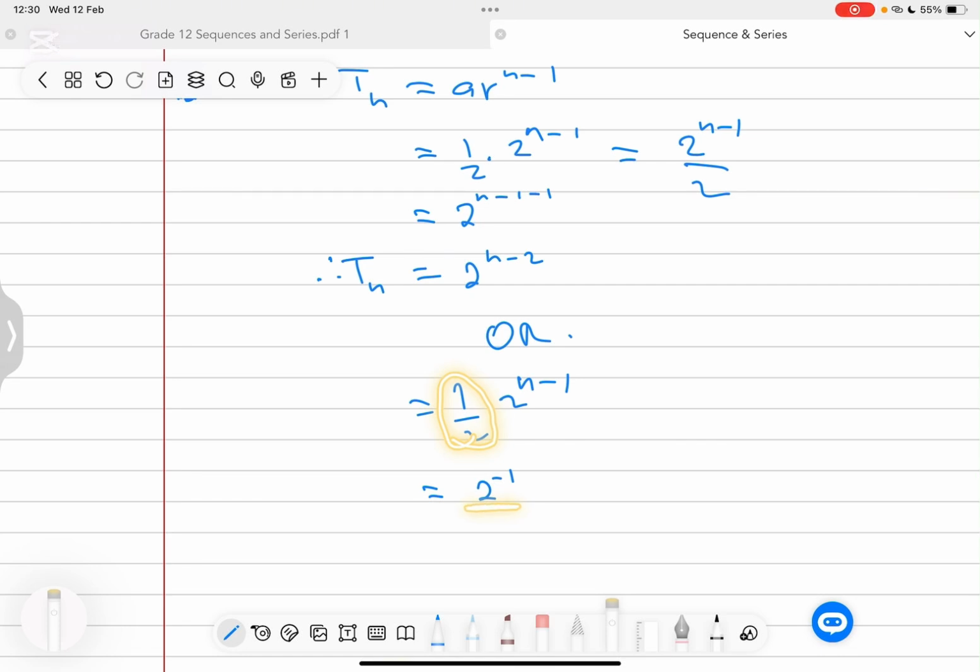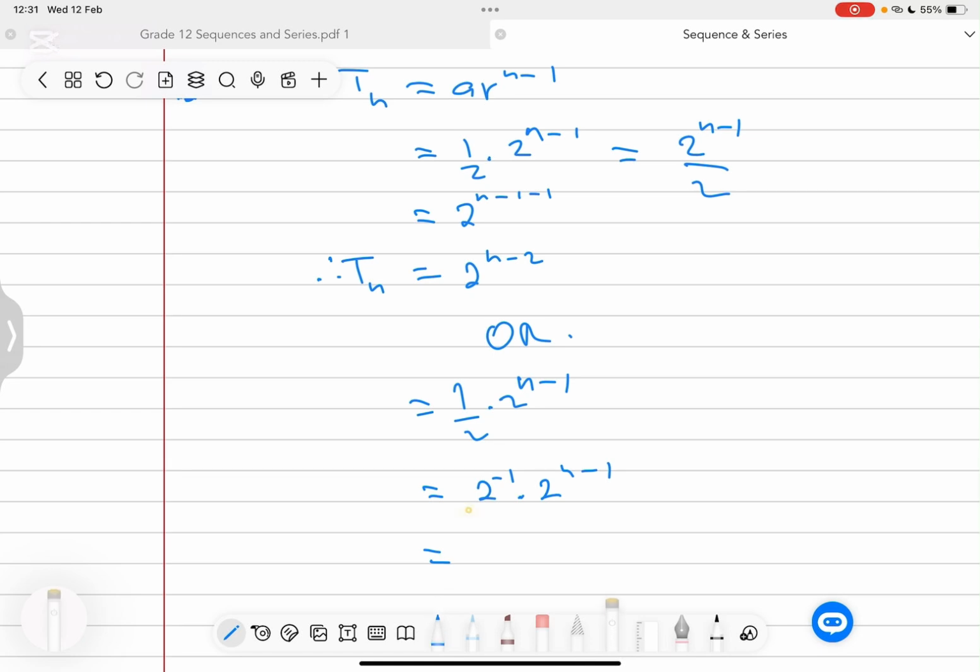Remember one of our rules of exponents: 1 over a is the same as a to the power negative 1. I'm using that rule here. Now from here, I'll then have this 2 to the power n minus 1.